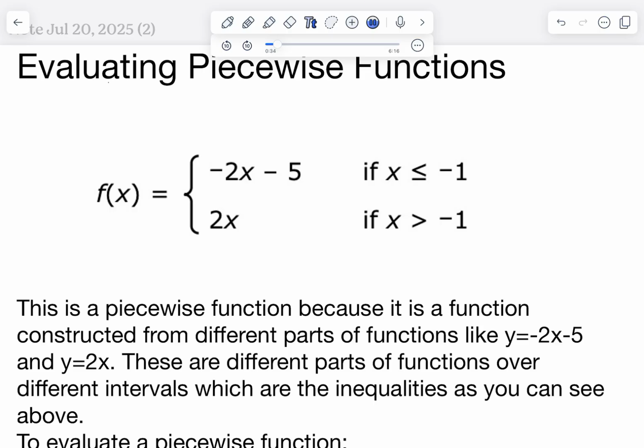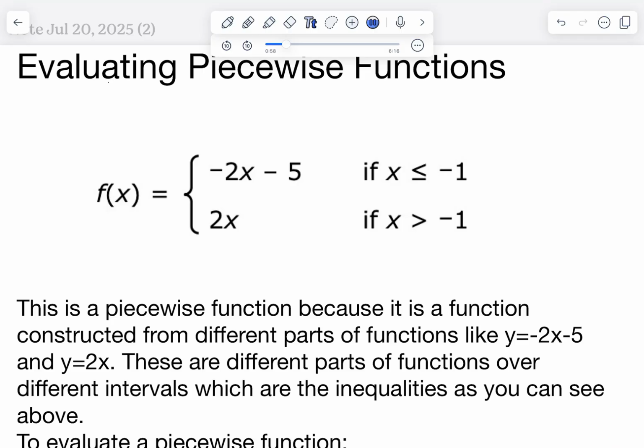So negative 2x minus 5 and 2x are different parts of functions, right? For example, like y equals negative 2x minus 5 and y equals 2x.